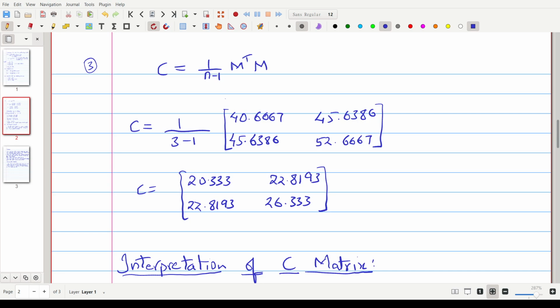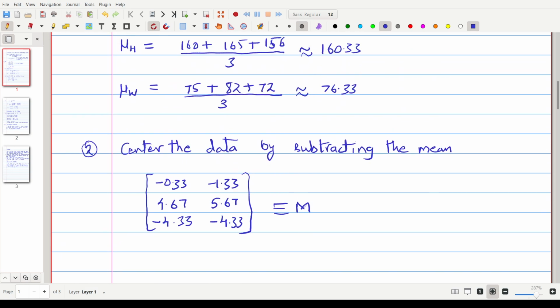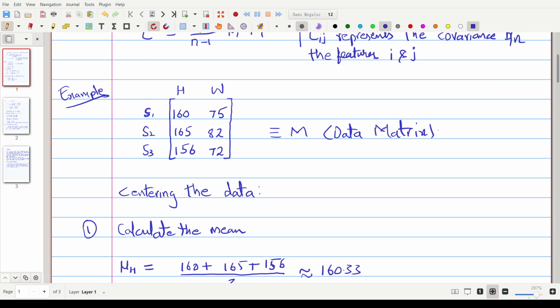C is defined again as 1 over n minus 1 times M transpose M, where n should be the sample number. 1 over n minus 1 is used for the sample case, because we use total n in the case of population.